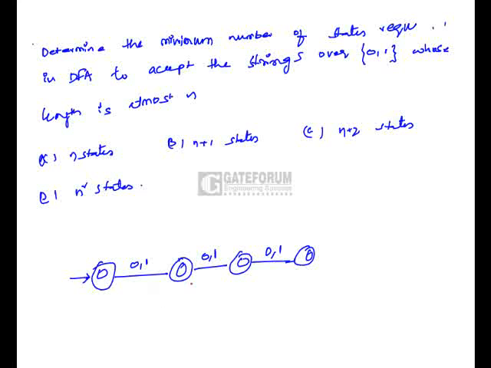As this is a DFA, we need to have transitions for each and every input symbol on all the states. So here we have to give transitions on 0, 1 for this state. If we give transitions on 0, 1 to any of these remaining states, then it will accept the strings of length greater than 3.